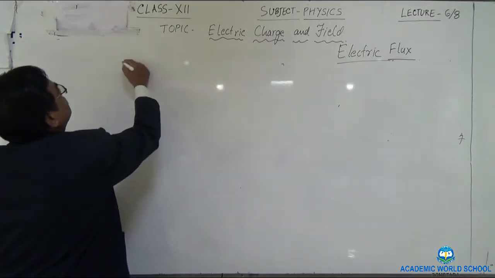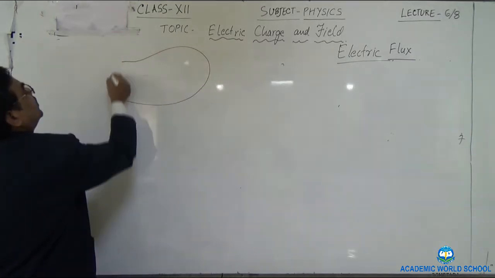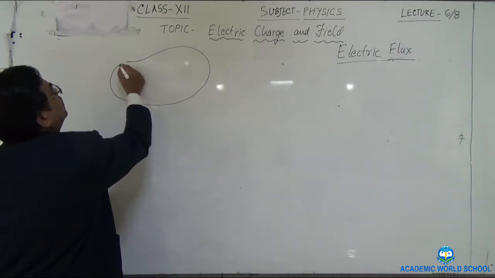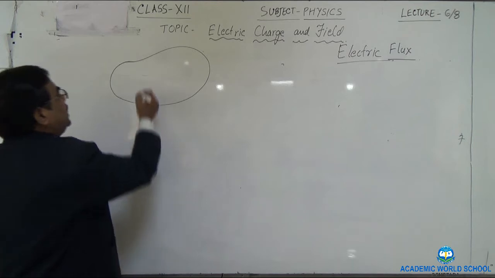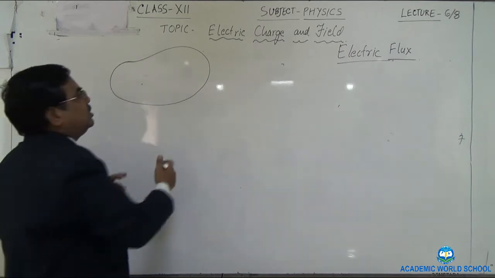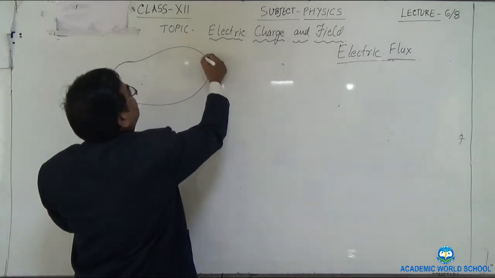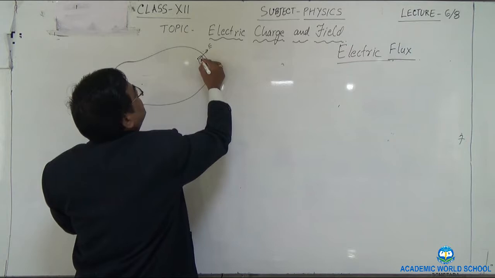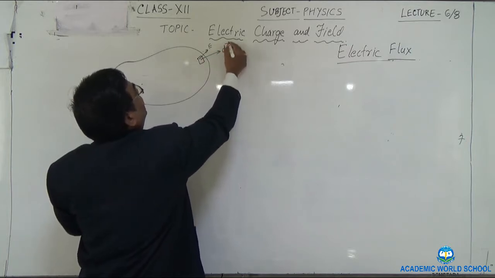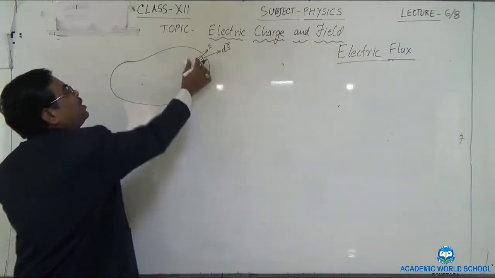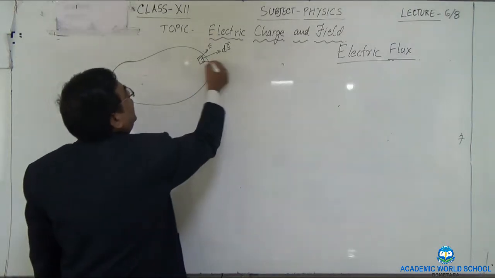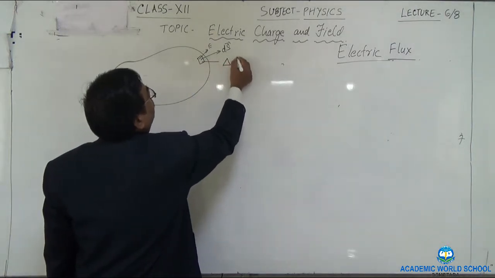Imagine this is a closed surface. Inside there is some charge, due to which some electric field lines are coming, and this is the area vector ds. So the small amount of flux which is produced from here, let it be delta phi.